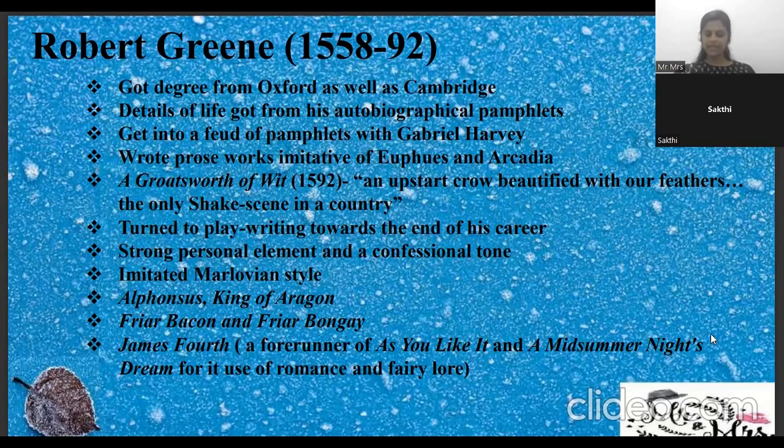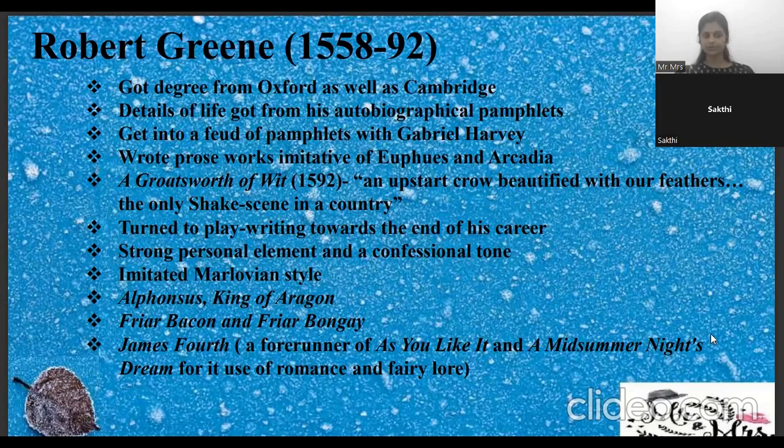Then Friar Bacon and Friar Bungay, in 1589, which was the first successful romantic comedy in English. That is by Robert Greene. Greene was not a failure or something like that, but he didn't get the popularity that he longed for. That is the thing I mentioned. And this is the first successful romantic comedy in English, Friar Bacon and Friar Bungay.